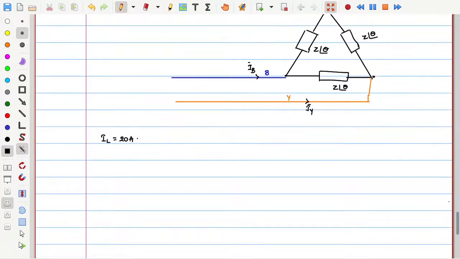Generally the given voltage is usually the line voltage. Whenever nothing is specified, it is the line voltage. But it is a delta connection, so I can say line voltage is equal to phase voltage, since it is delta connection. Clear?